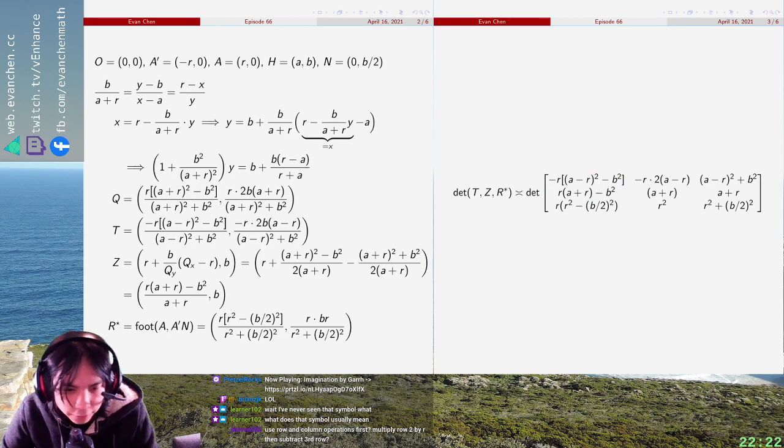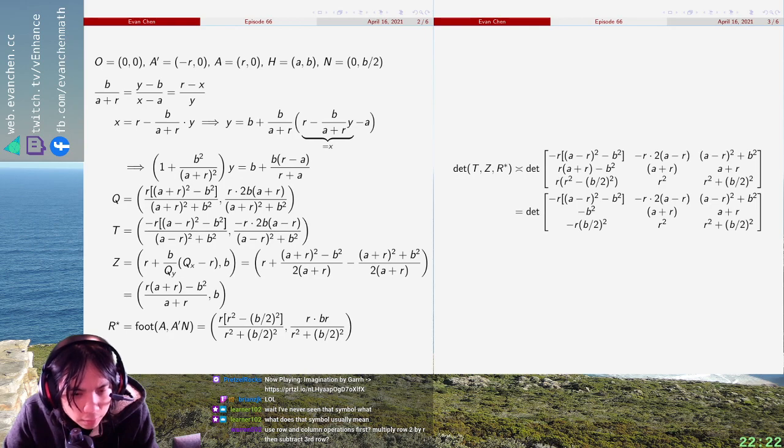right? So this is a squared minus 2ar plus r squared, and then I'm subtracting off 2ar. Did I get a 3?